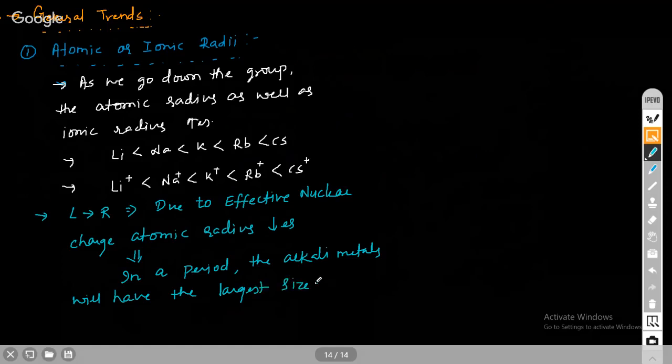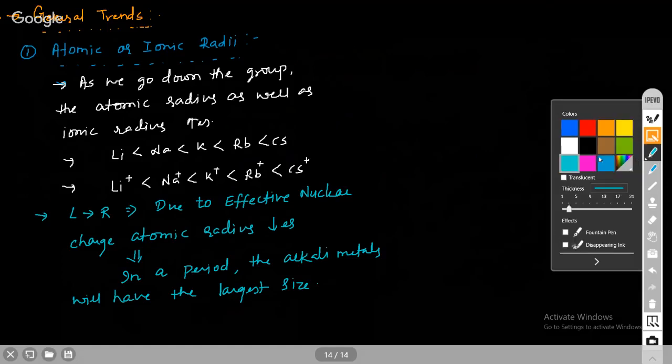That's the very first point you should understand. Now, there are a few more properties, trends related to this size factor only. That's why I have discussed the size first.